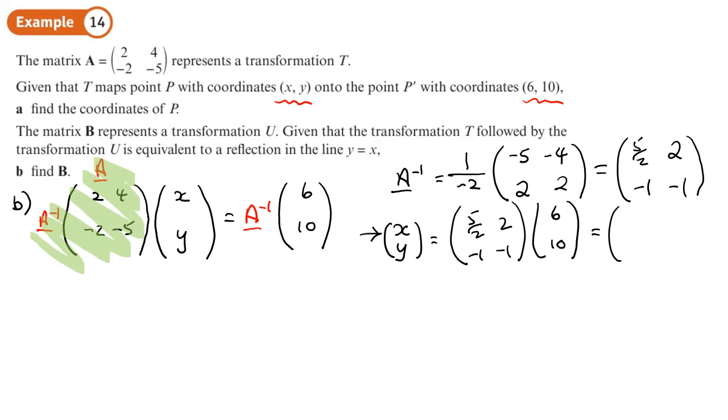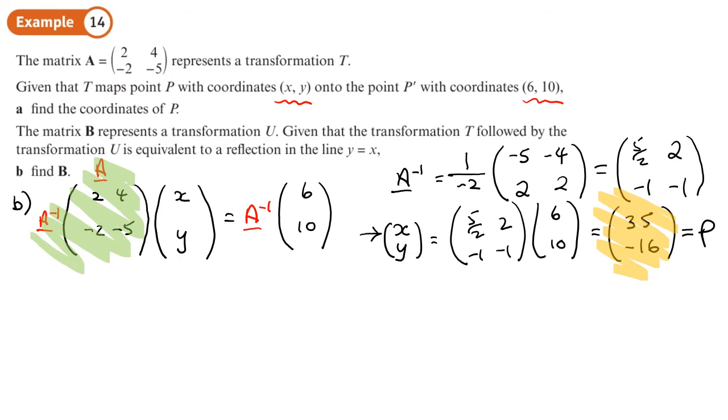You get 5 over 2 times 6, which is 15, plus 2 times 10, so 15 plus 20 is 35. And then we get negative 6 minus 10, so we get negative 16. So these are the coordinates of P. So I suppose I should write down equals P here, so there's no confusion.